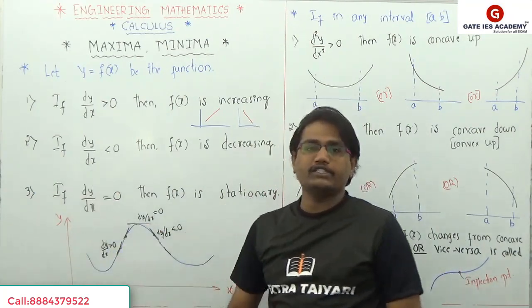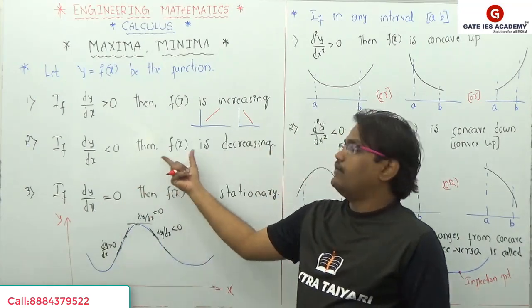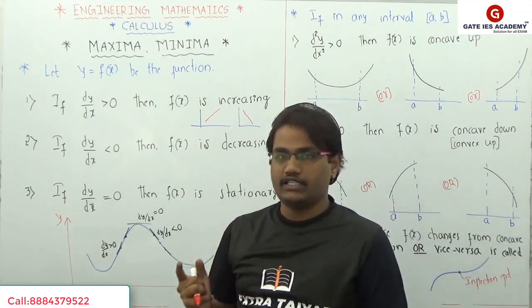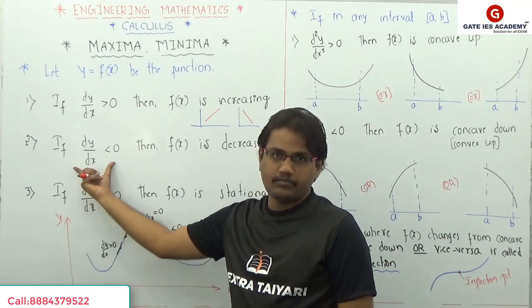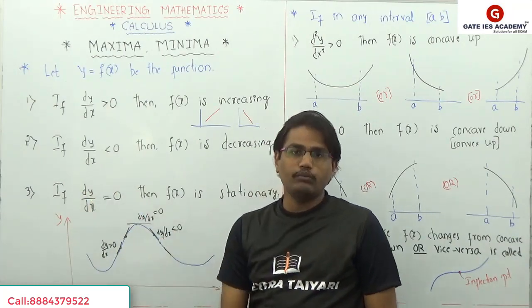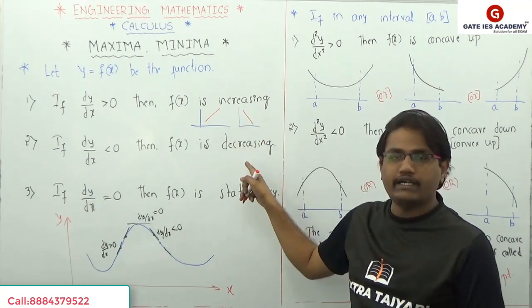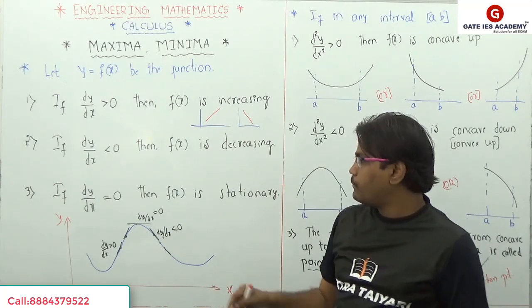If dy by dx is less than 0, meaning negative slope, then the function is known as decreasing. The function will be decreasing at those points wherever the slope is negative. Here slope is negative, the function is decreasing. Here slope is positive, the function is increasing.